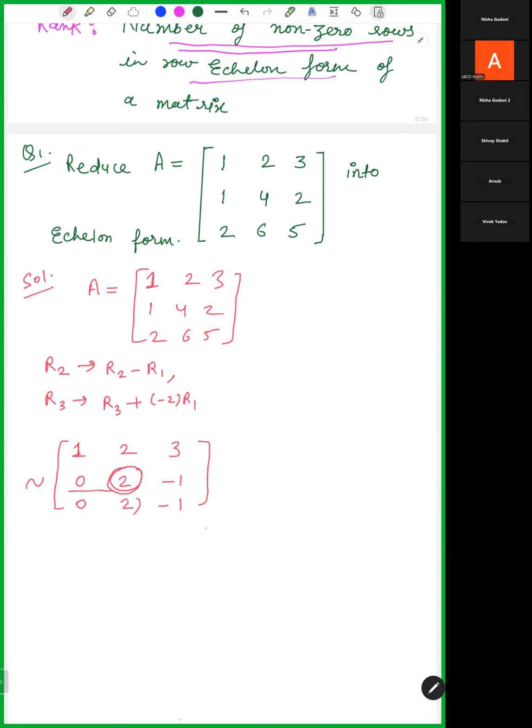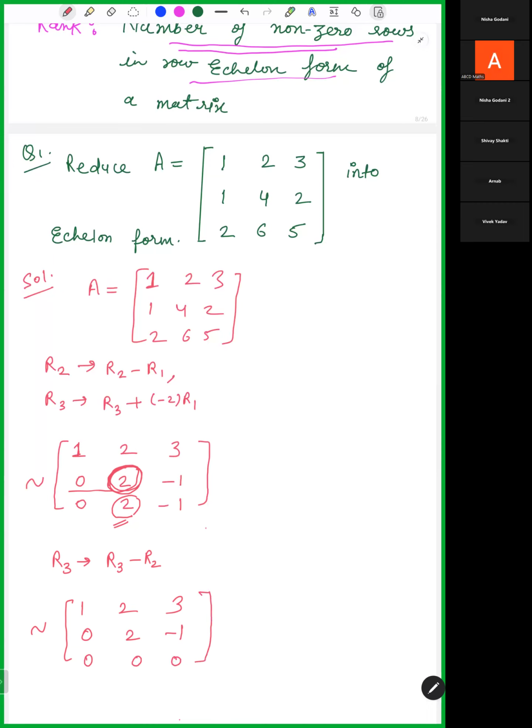So without making this 2 a 1, we can make the 2 below it in R3 a 0. So R3 minus R2 you can apply. It will give you the first row as it is, second row 0, 2, minus 1, and the third row 0, 0, 0.